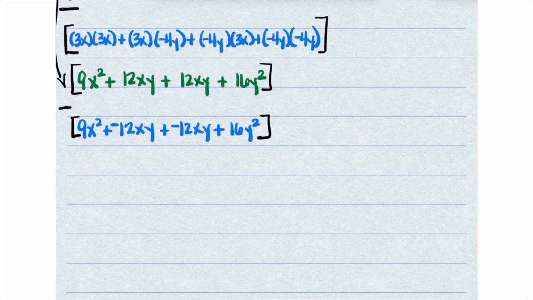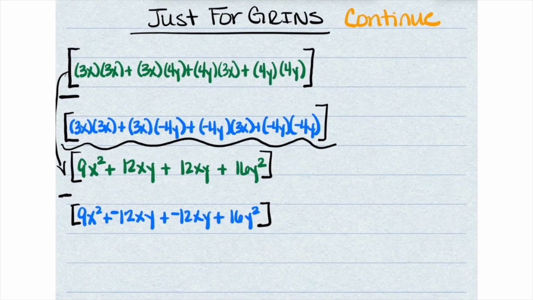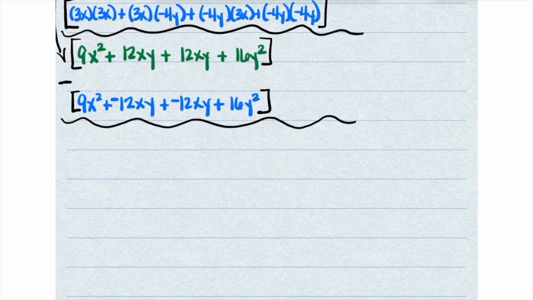So the top now, and I'm doing this the long way because I want to show you why the properties really help. So then the top one, we have 9x squared, 12xy plus 12xy, that's 24xy, plus 16y squared, right?